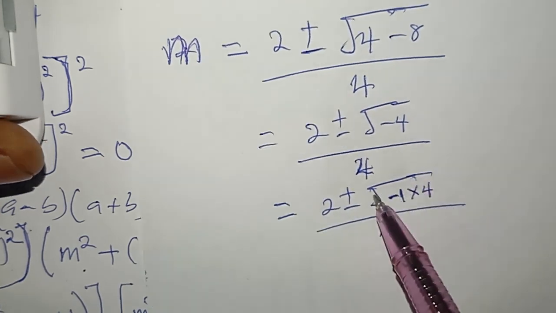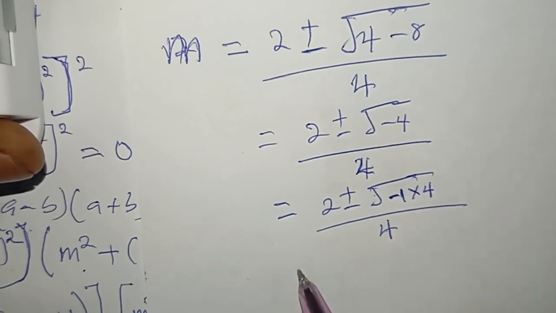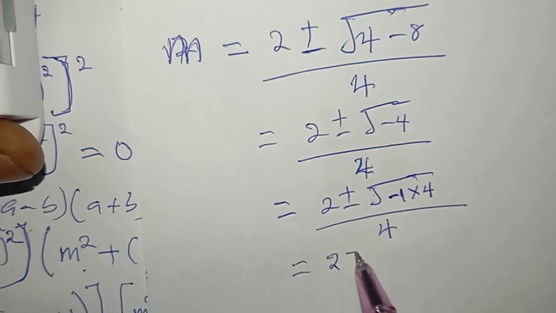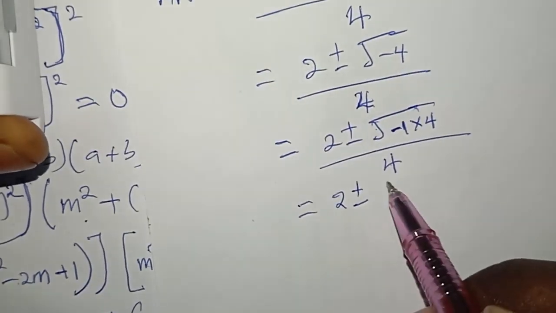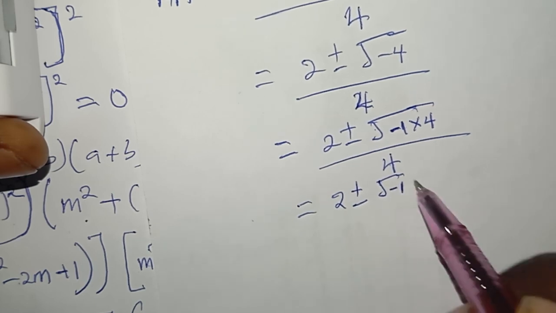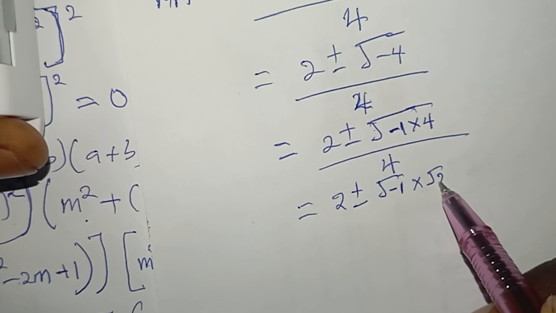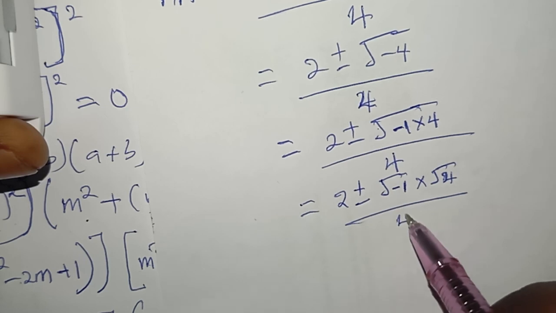I'm going to distribute this square root over this -1 times 4, so that I have 2 plus or minus the square root of -1 multiplied by the square root of 4, and all divided by 4.